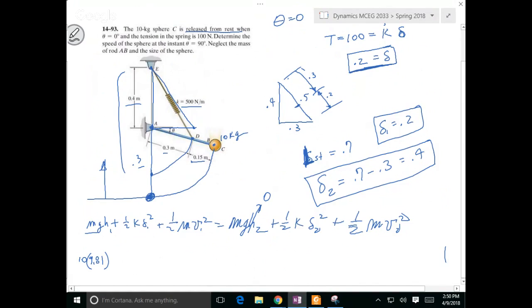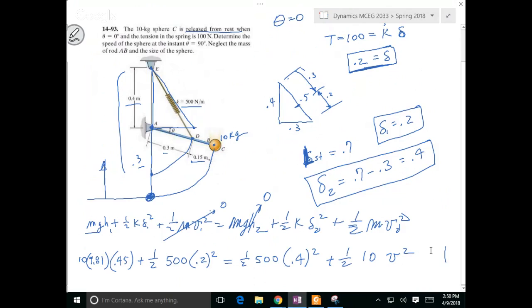That and that add together to give me 0.45. So 10 times 9.81 times 0.45 plus 1/2 times K of 500 times delta 1 of 0.2 squared, released from rest, equals 1/2 times 500 times 0.4 squared plus 1/2 times mass of 10 times v2 squared. I think I got everything.